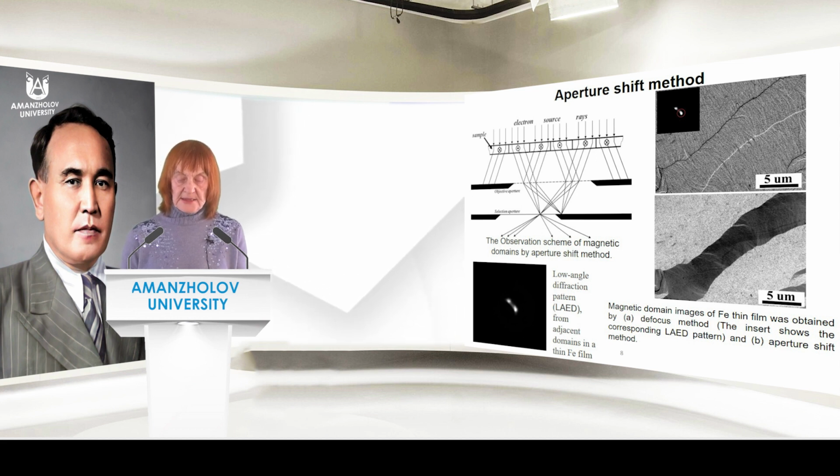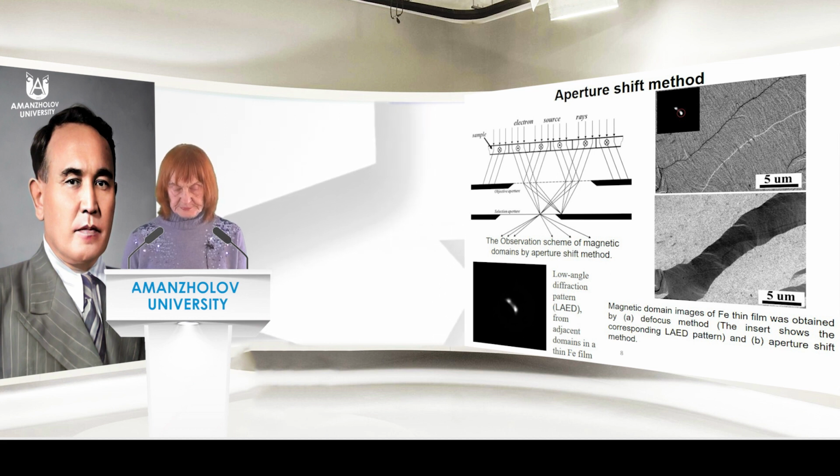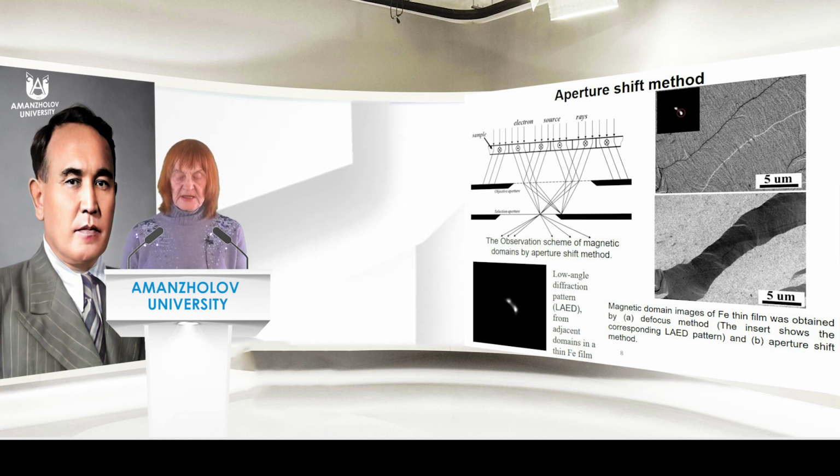A straight line, a tangent bar between double diffraction peaks, means that domain walls are Bloch walls. The tangent bar has an arc shape if domain walls are Neel walls.